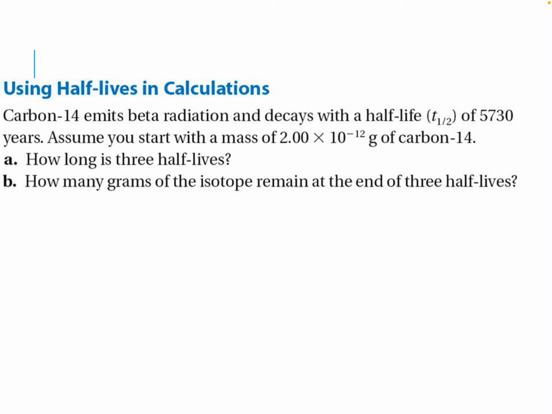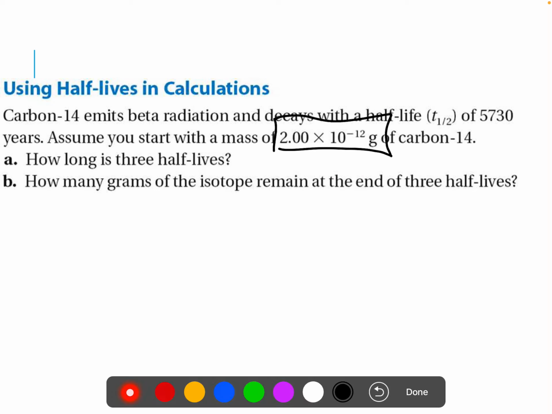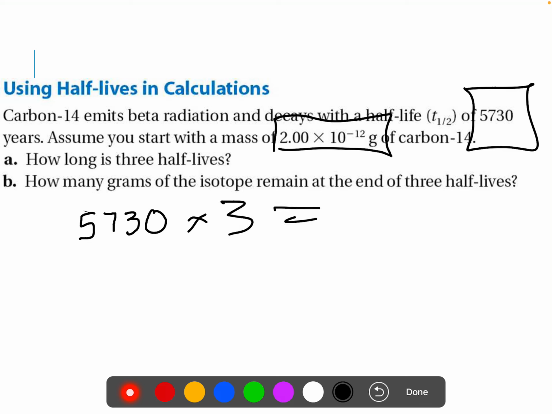So, an example of doing half-life problems. If you have this starting mass, the half-life is 5,730 years. How long is 3 half-lives? Well, 3 half-lives is going to be 5,730 years times 3. How many grams will remain at the end of 3 half-lives? Well, you have 2 times 10 to the negative 12.